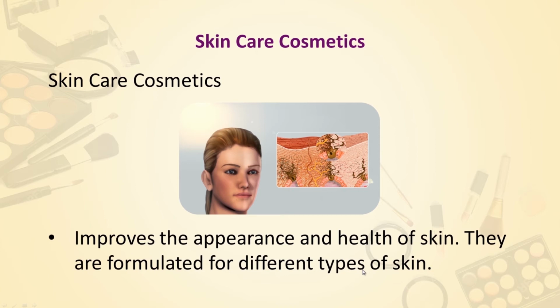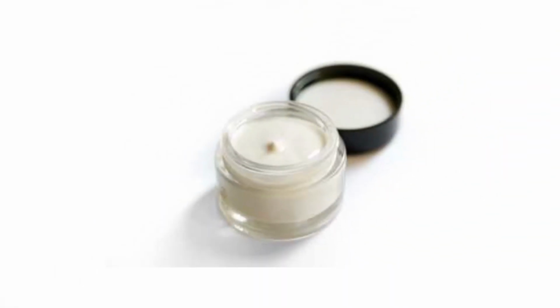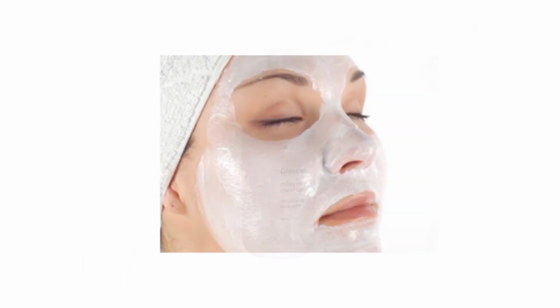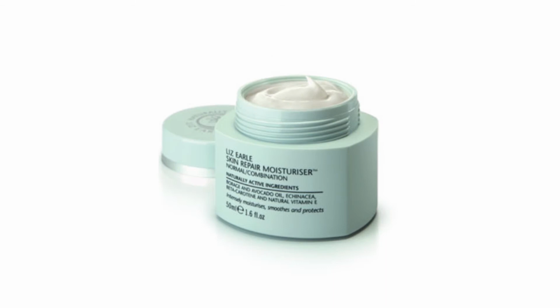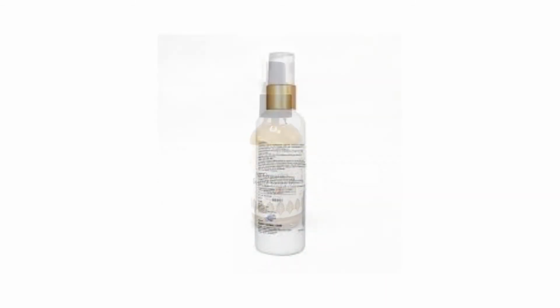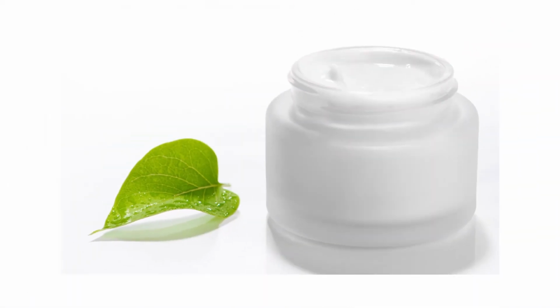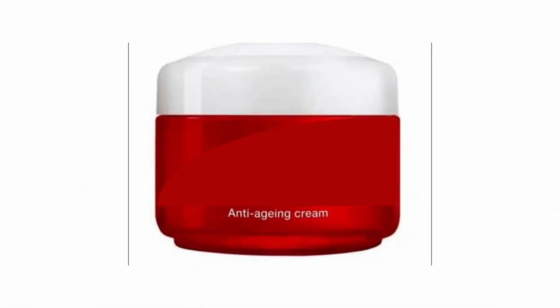They are formulated for different types of skin and associated characteristics. Skin care products include creams, cleanser, facial mask, toner, moisturizer, sunscreen preparation, tanning oils, lotions and skin lighteners, anti-aging cream.